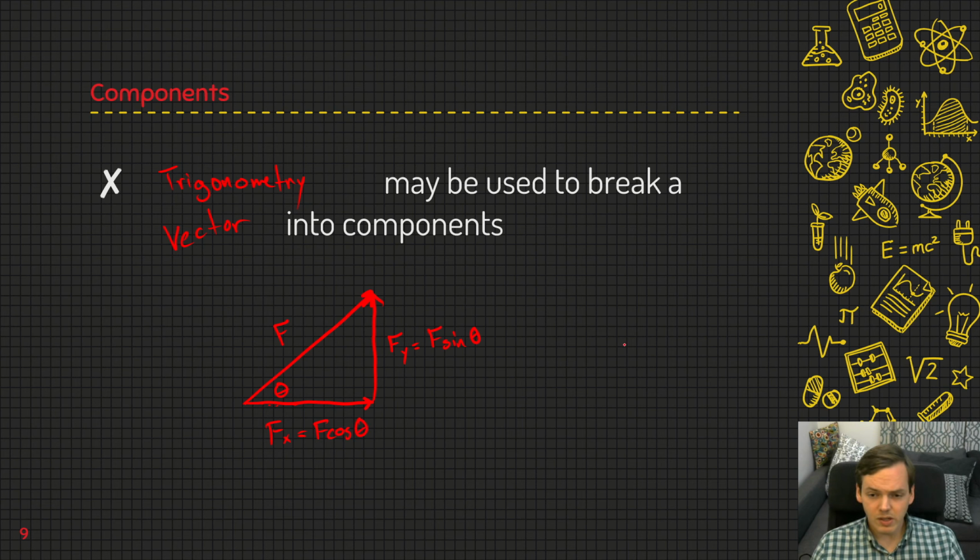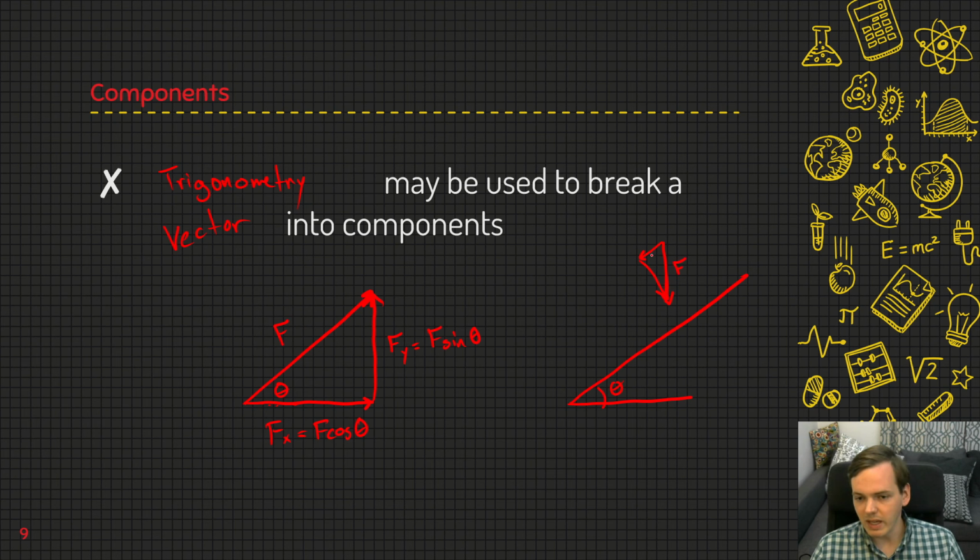And what I want you to note here is they don't necessarily have to be horizontal and vertical. So if, say, and this will be where it mainly comes up, I was on some ramp here, and I had some downward force, like this, I could break that into a force that points down the ramp and a force that points into the ramp.